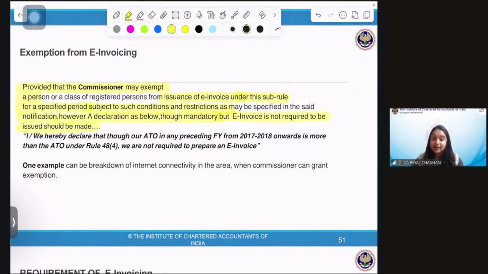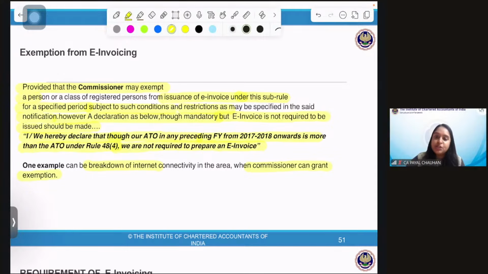You need to write a declaration. We hereby declare that though our ATO in the preceding financial year from 2017-18 onward is more than the ATO of Rule 48(4), which is 5 crore, we are not required to prepare an e-invoice. One example can be breakdown of internet connectivity, where the commissioner can grant exemption. Did you people understand?